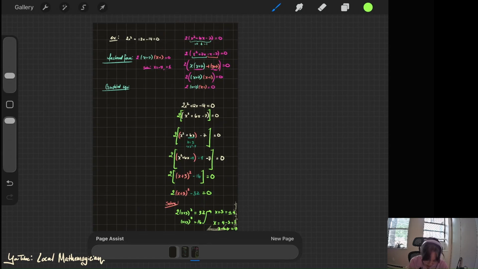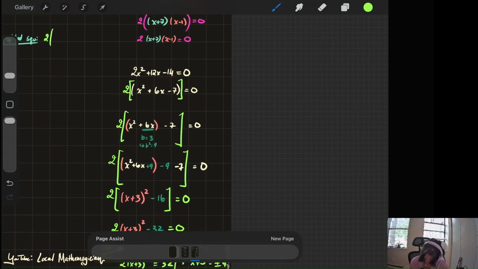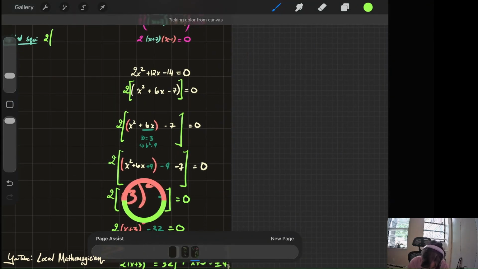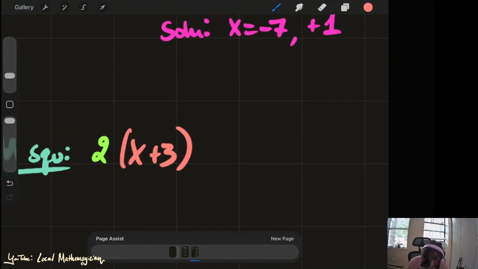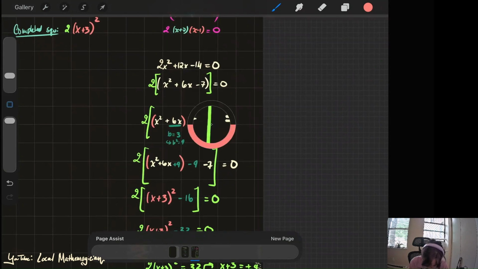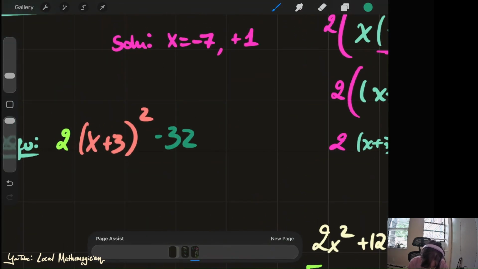So in completed square form, you're looking at 2 parentheses x plus 3 squared minus 32 is equal to 0.